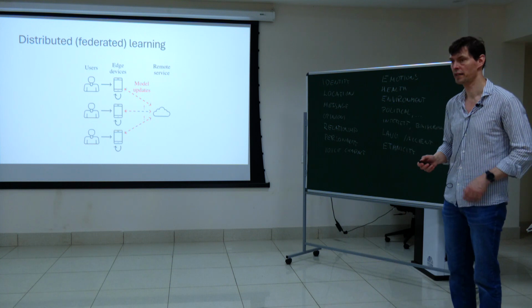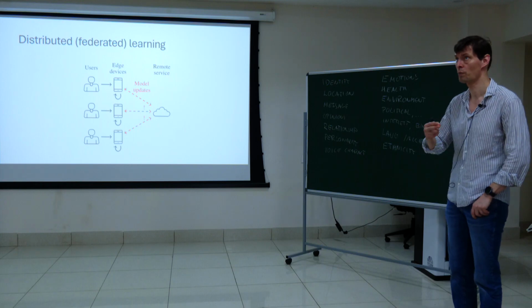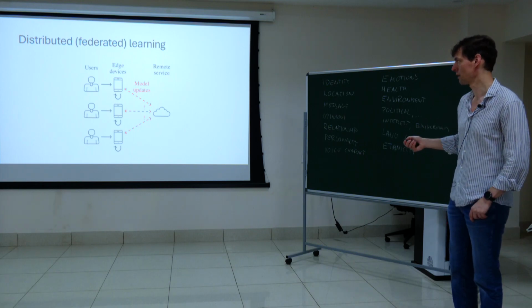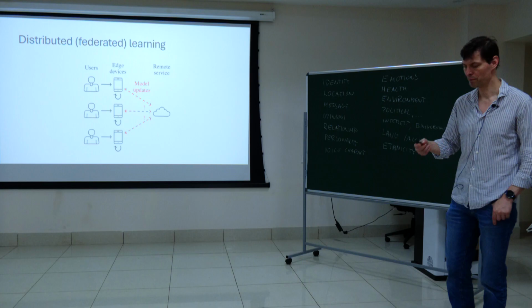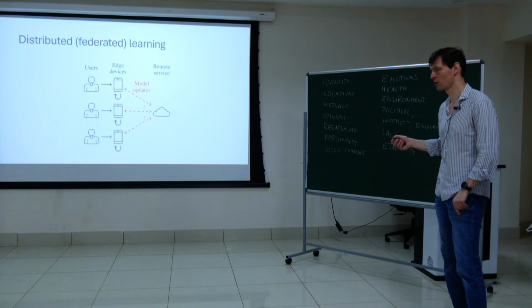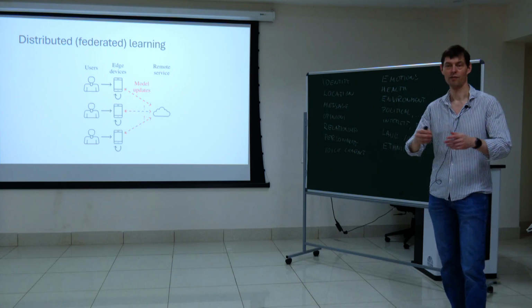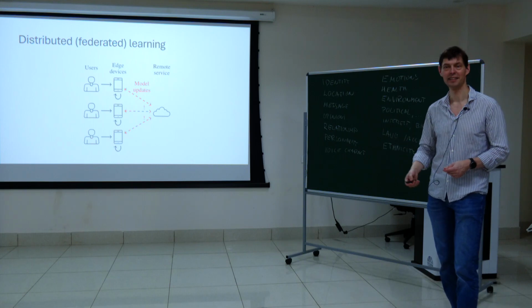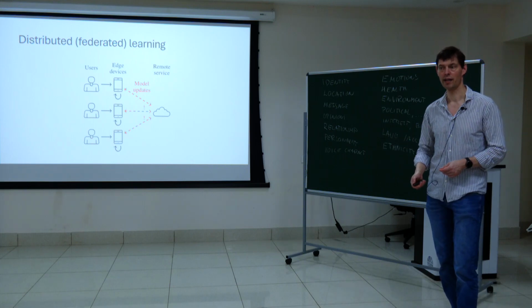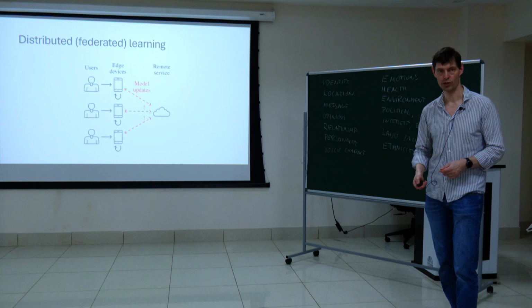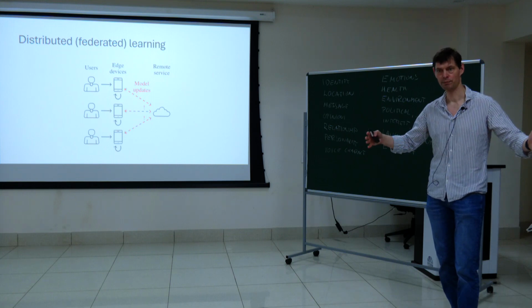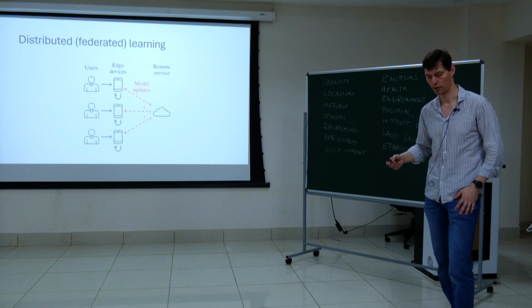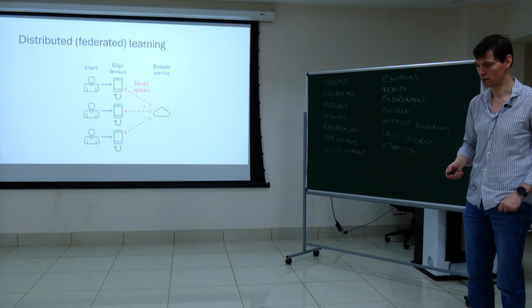The two main issues I have with this are that, of course, the model updates contain private information, but also the models are usually very large. So to communicate them is expensive. And if you have millions or hundreds of millions of users, suddenly the expense becomes really large. So the resource consumption is limited here.